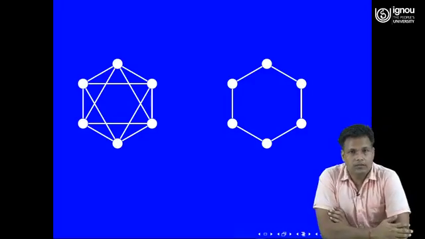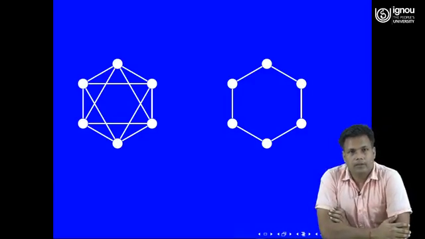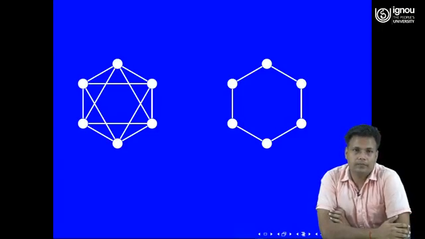For example, look at these two graphs. On the graph on the left, each vertex has degree 4, so this is a 4 regular graph. And on the graph on the right, each vertex has degree 2, so this is a 2 regular graph.